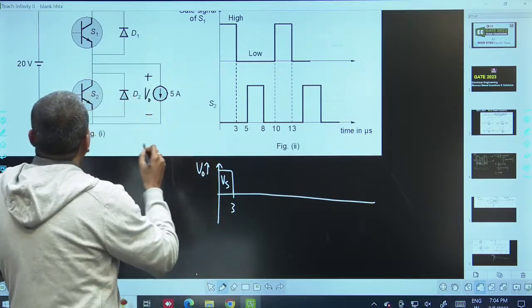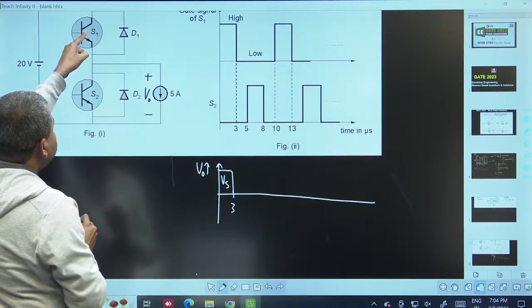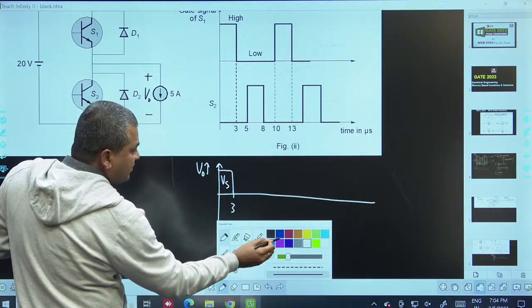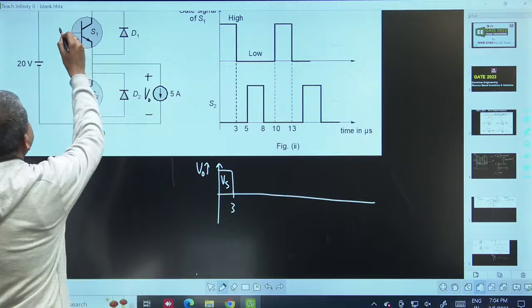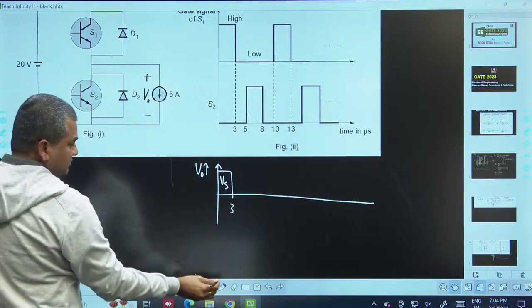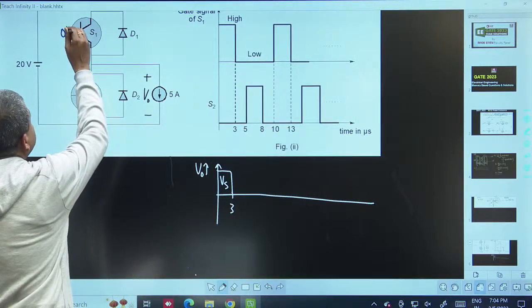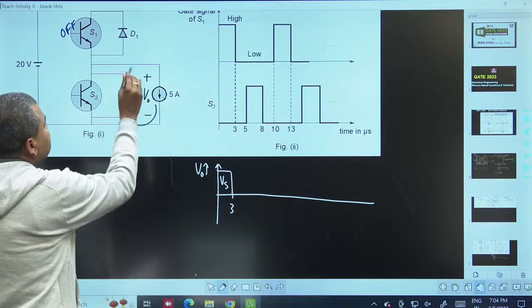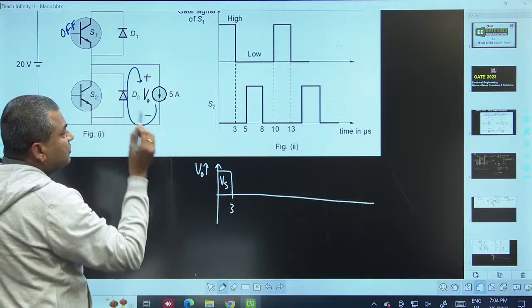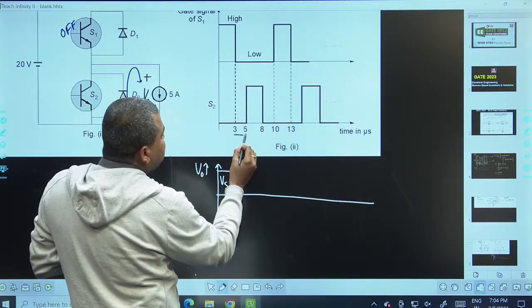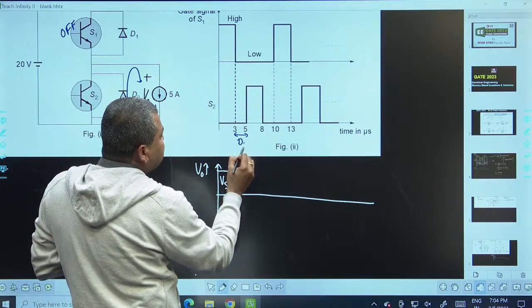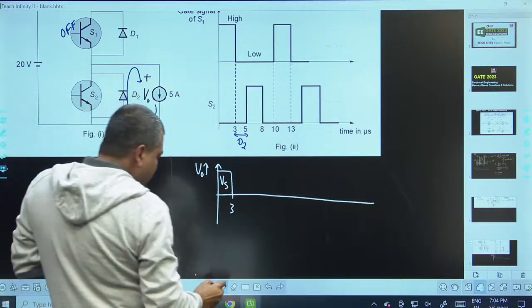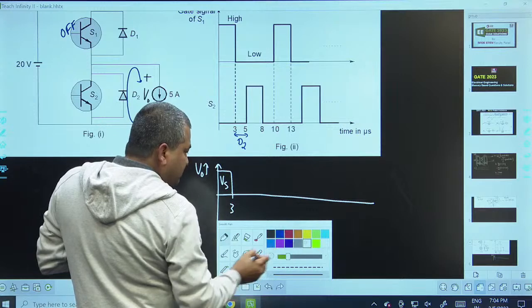Then next, when I switch off S1, see here, now S1 is off. When S1 is off, the freewheeling continues through D2 here. So from 3 to 5, D2 is conducting. D2 means freewheeling. During freewheeling, the output voltage will become 0 volts.